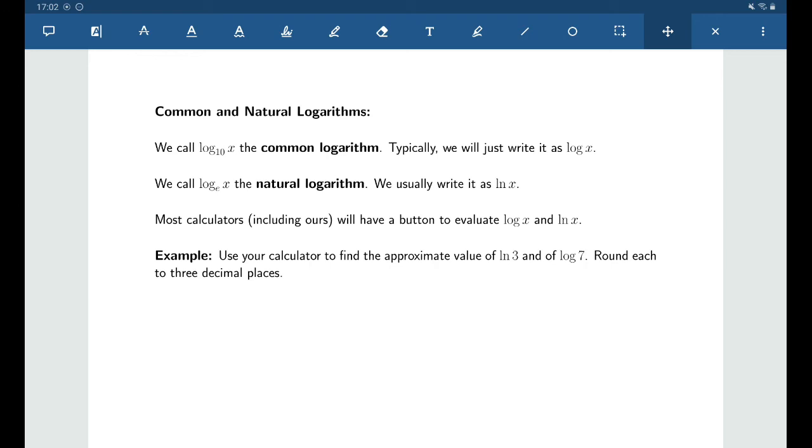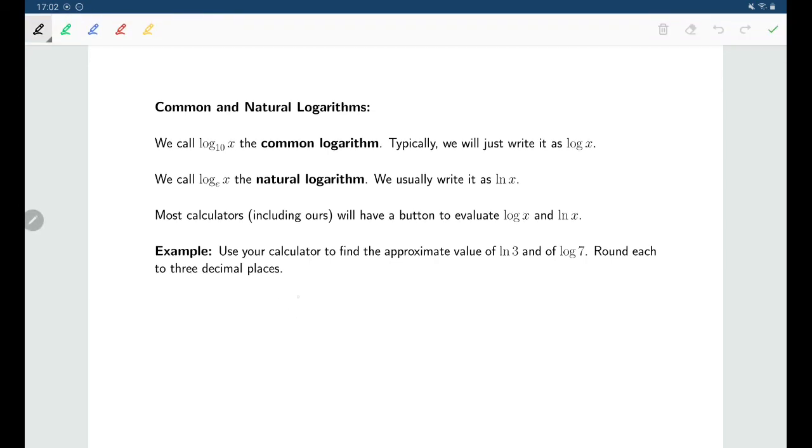If you wanted to find the value of natural log of 3, you would just enter ln and then 3, and we'd find that the approximate value for natural log of 3 is about 1.0986, or 1.099 if we're rounding to 3 decimal places.